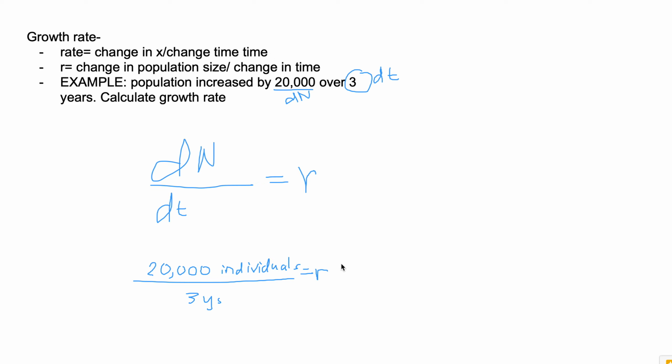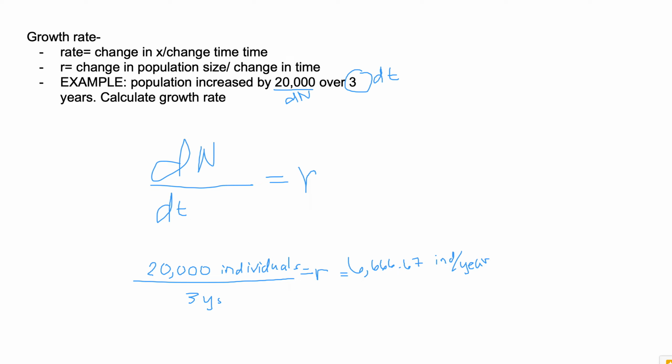And if we do that math out, it equals 6,666.67 individuals per year. And of course, you can't have 0.67 of an individual, so round.